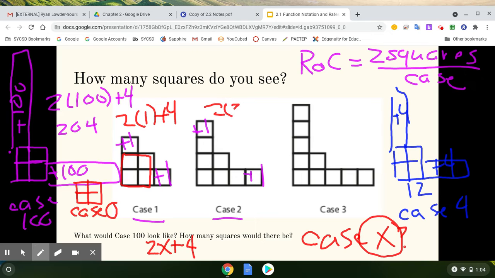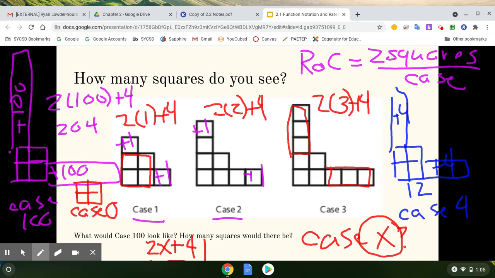Case 2, 2 times 2 plus 4 gives me 8 total squares. For case 3, I take 2 times 3 plus 4 to get the 10 squares, and then case 4, 2 times 4 plus 4 to get the 12 squares.